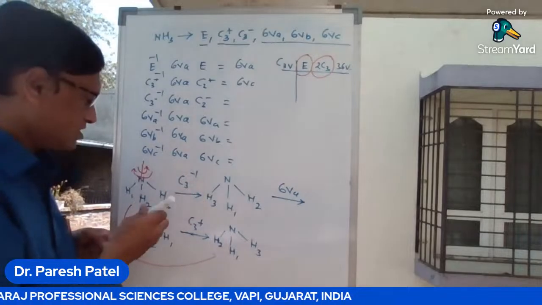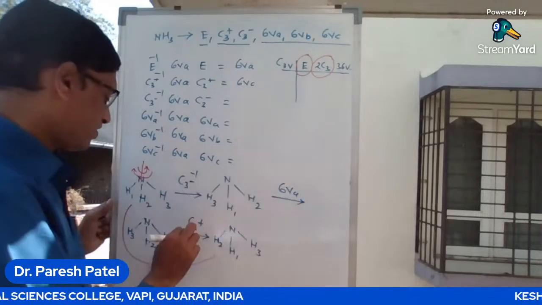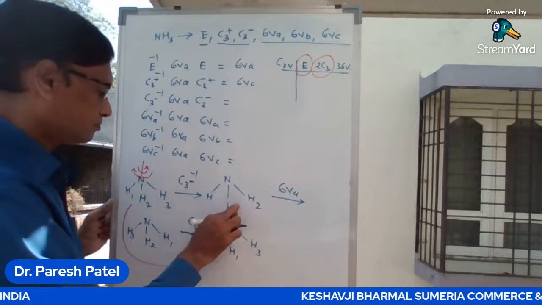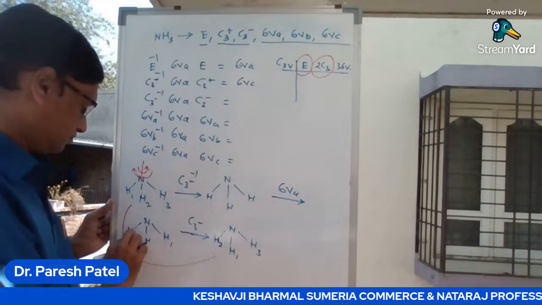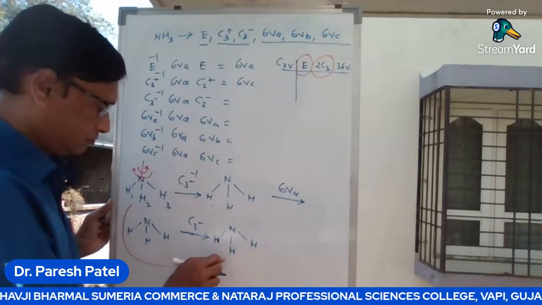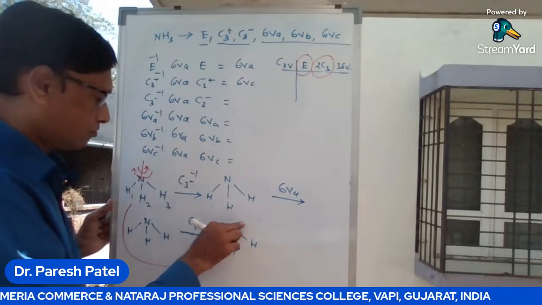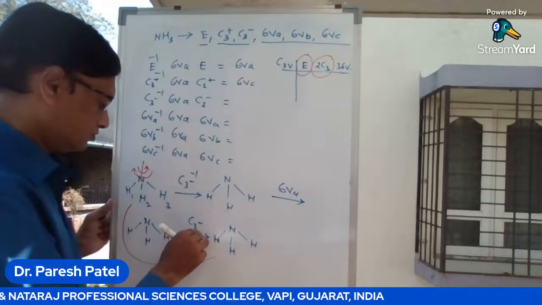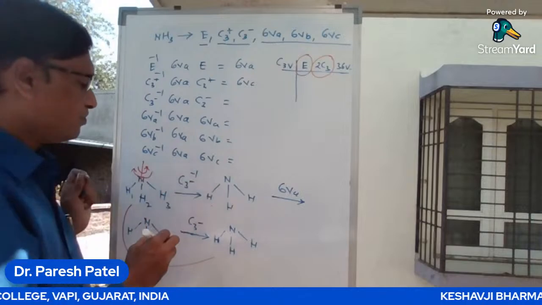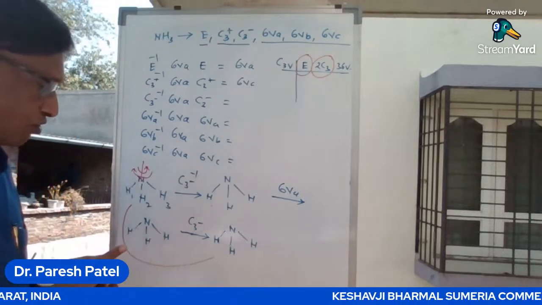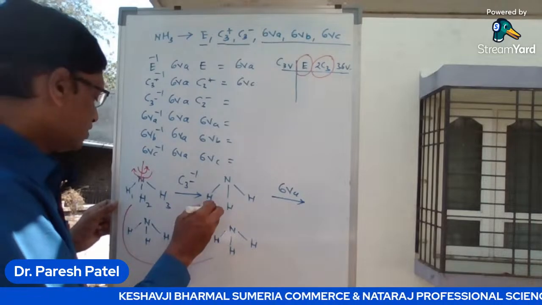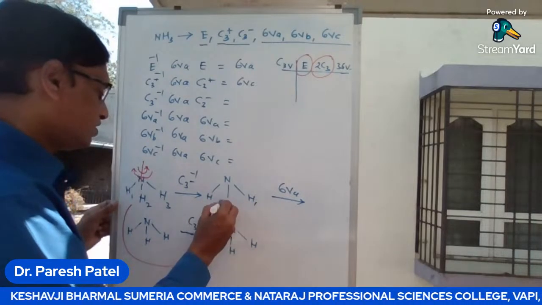Similarly, if we go for C3 minus inverse, sigma VA, C3 minus. C3 minus means one time clockwise rotation, and C3 minus inverse means one time anti-clockwise rotation. So 1, 3 and 2.